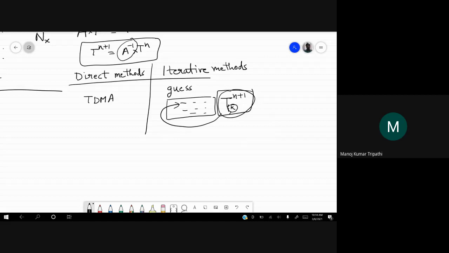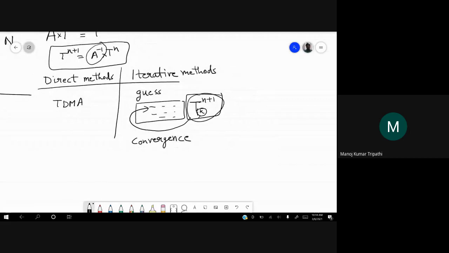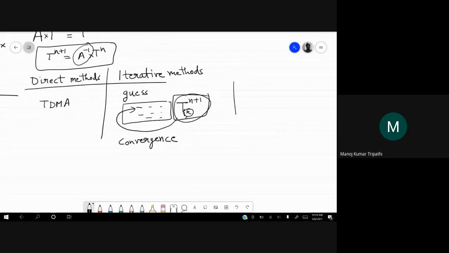So that's why there is this concept of convergence in CFD. You start with some solution and you converge towards some solution, which is your final solution.